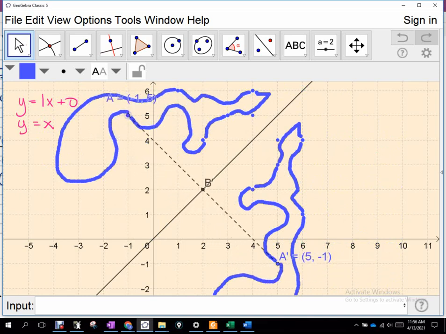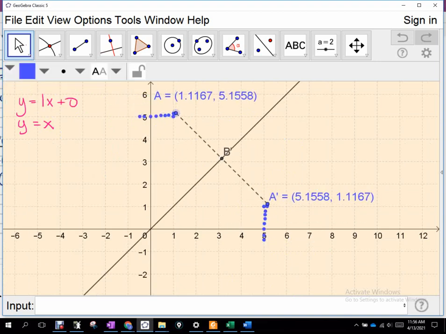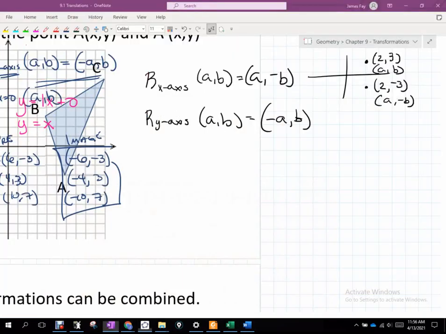Everywhere that point went, is that x value now the y value, and is the y value now the x value? So they flip spots.